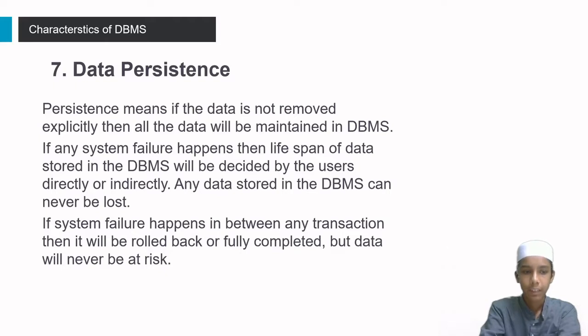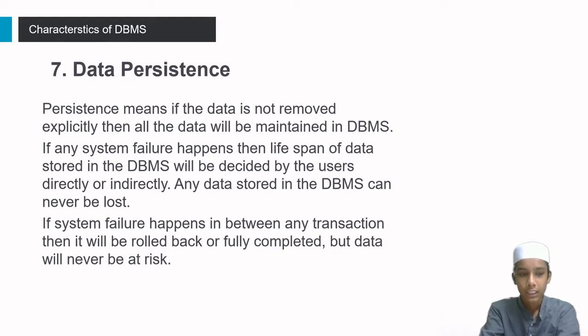If any system failure happens, the lifespan of data stored in the DBMS will be decided by the users directly or indirectly. Any data stored in the DBMS can never be lost if a system failure happens in between any transaction.